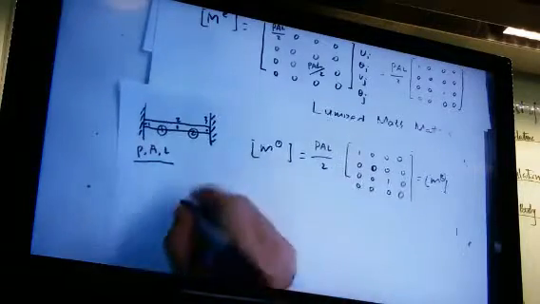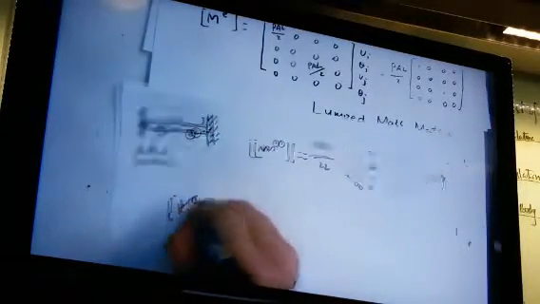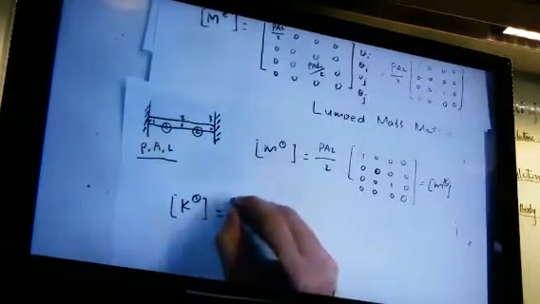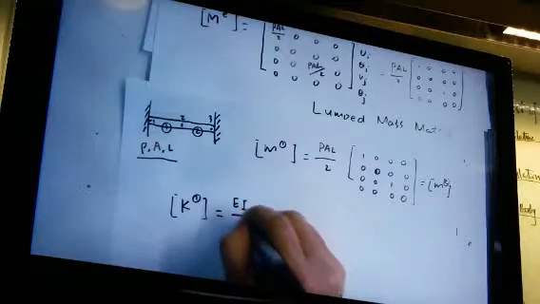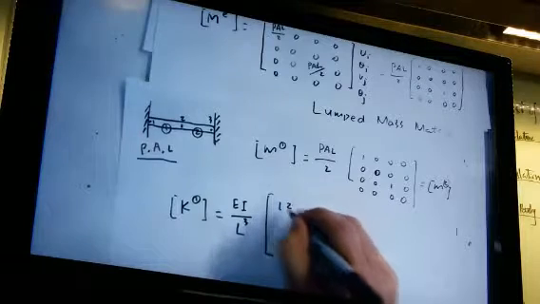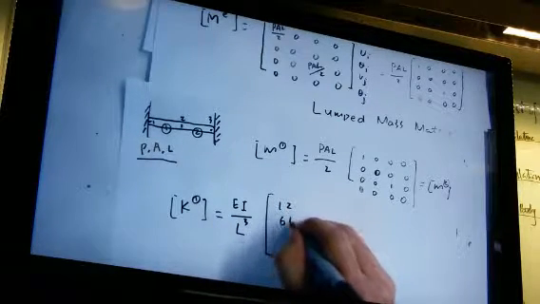And then what is the K matrix? The K matrix is the same as what you have learned in the stiffness matrix method. I'm going to copy that for you in case you forgot it, because nobody will remember this.